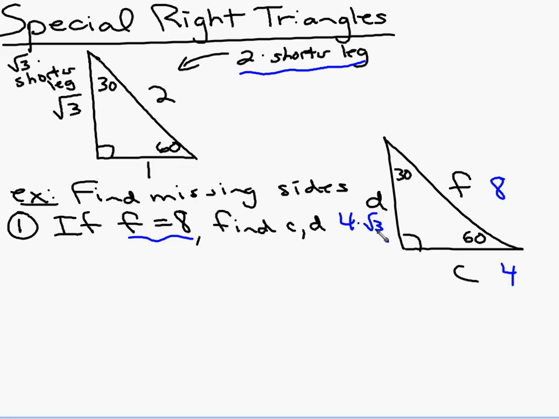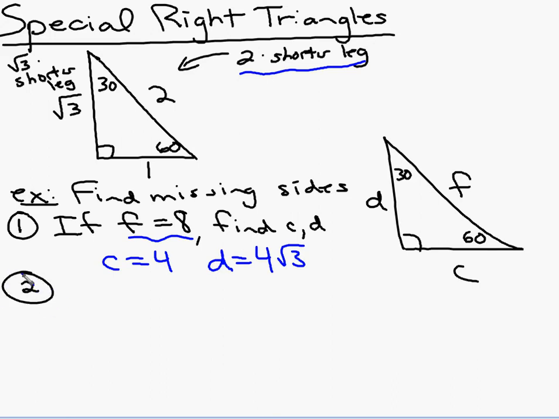So C is 4 and D is 4 radical 3. Now I'm not going to redraw the triangle. I'm just going to relabel it because we're going to do another one.